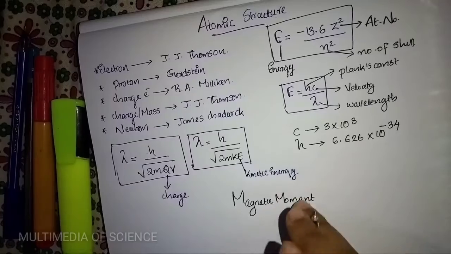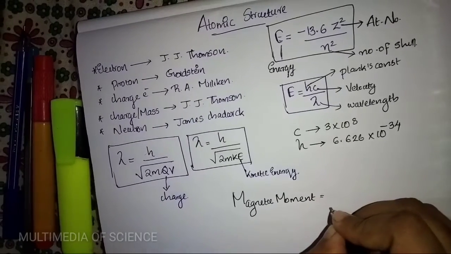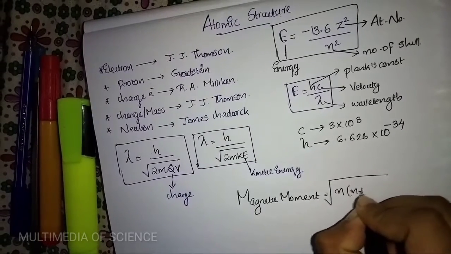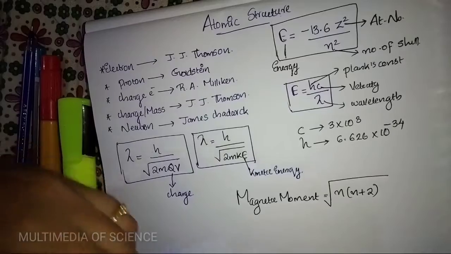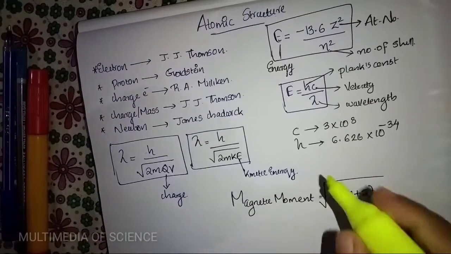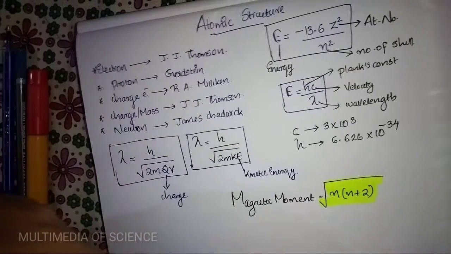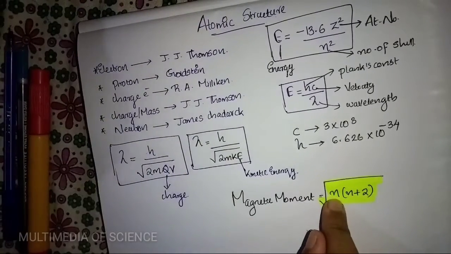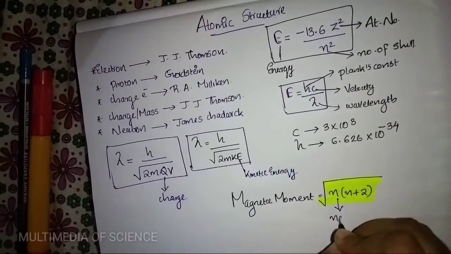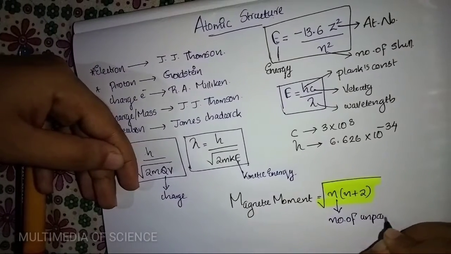Magnetic moment can be calculated by a simple equation: root of n into n plus 2. It is very important. Here, what is n? It is the number of unpaired electrons.